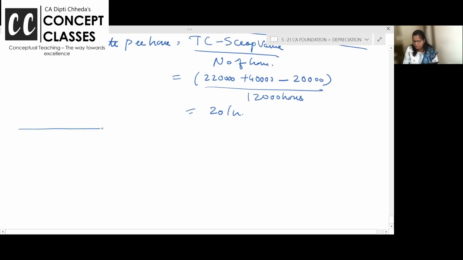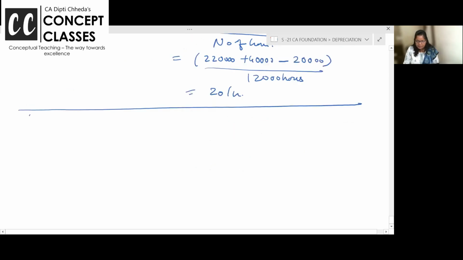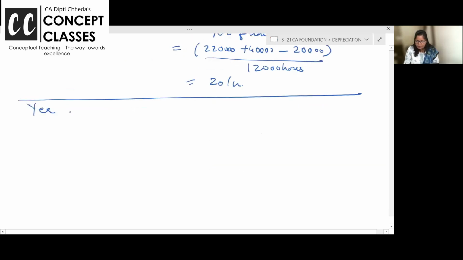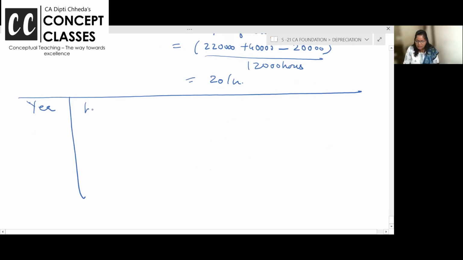You can do it this way or this way. Let us do it this way only, as they have done 2,000. Let's make it vertically also. Write year, hours, how many machine hours are used, and then depreciation.